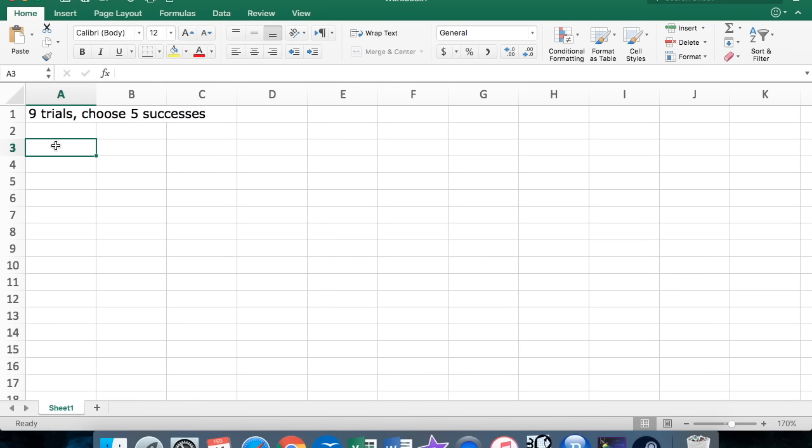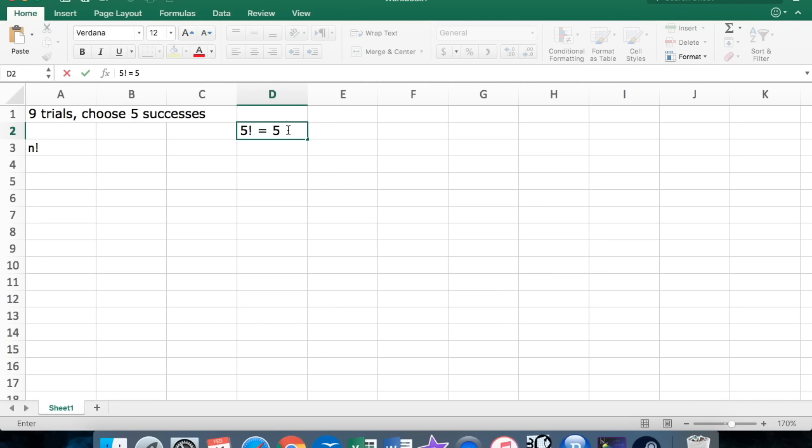Now, if you don't know the formula, it's not horrible, but this is it. Now remember this exclamation mark. This means factorial. What does factorial mean? Well, if you have 5 factorial, it's the same thing as 5 times 4 times 3 times 2 times 1. So in other words, it's the number itself, then times the number 1 less than it, and so on, all the way until you get down to 1.